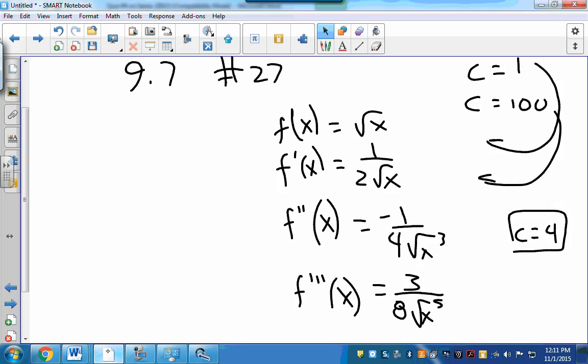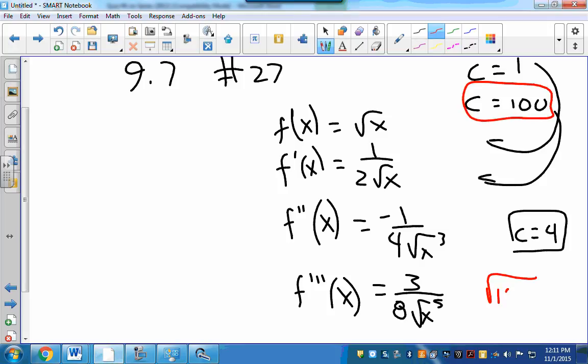If this were centered at 100, could you approximate the square root of 103? Or if it were centered at 1, could you approximate the square root of 1.03? It's almost the exact same numbers. I've just moved the decimal point.